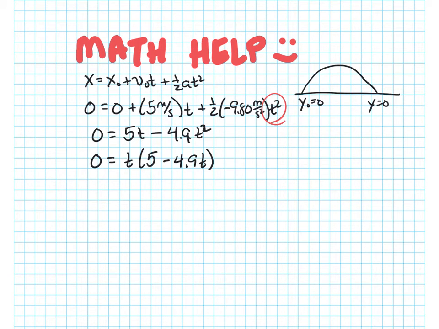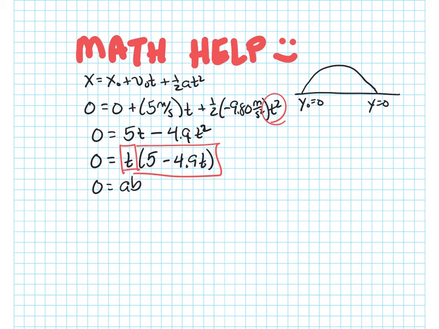Now for this to be true, I know this is like two numbers. So 0 is equal to a times b. If 0 is equal to a times b, then either a equals 0 or b equals 0. In terms of the equation I have above, this is a and this is b.